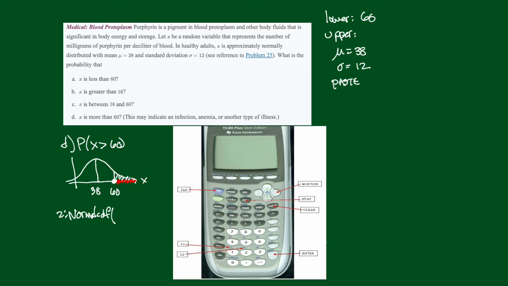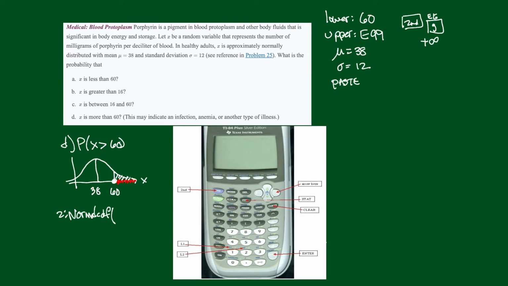To get the infinity, you're going to do the E99. Now I got to fix that 60. It looks like a 66. All right, so E99. And how do you get that E? It's second, and then right above the comma, there's that EE. You press it and you only get one E. All right, so this is the way of saying positive infinity.